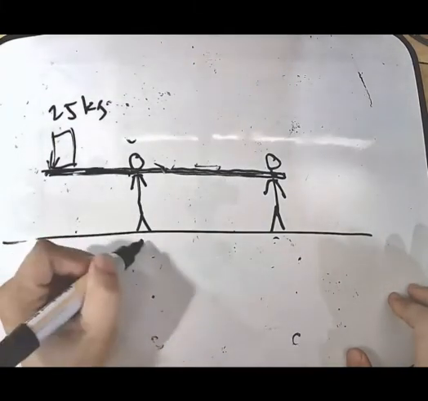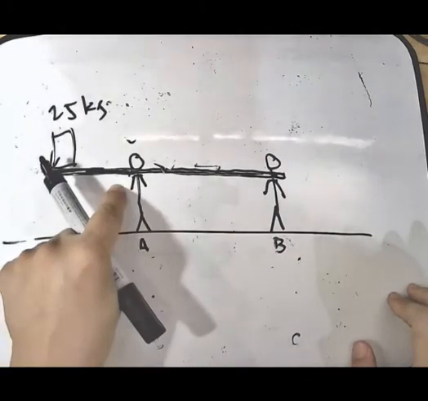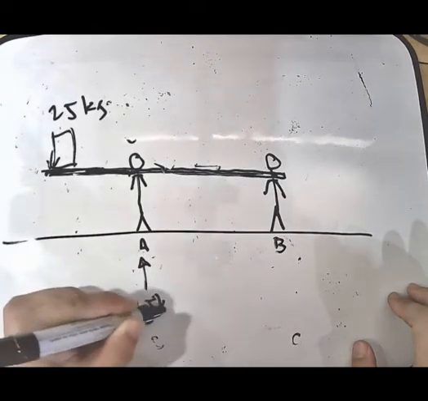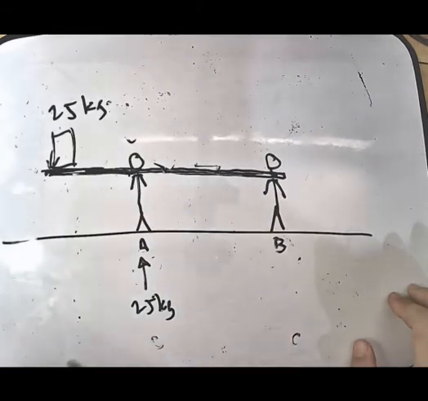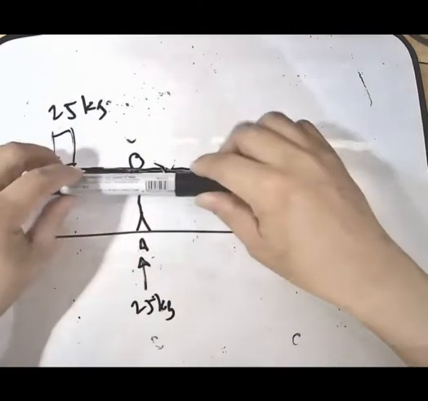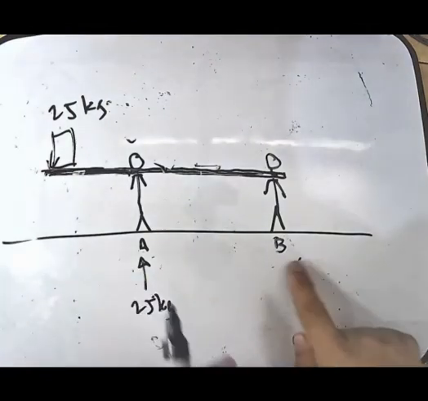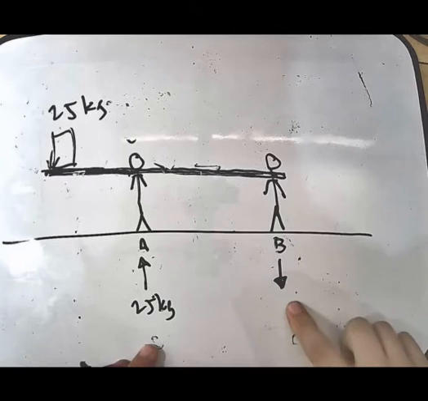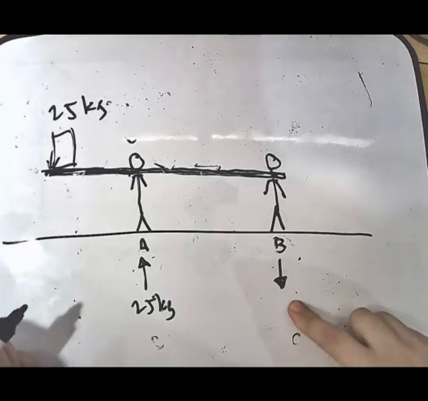Ano sa palagay nyo ang mangyayari kay A tsaka kay B? Baka itong si A, ang reaction niya would be 25 kilograms plus yung weight ng beam. What would happen to B? Baka hihilain niya yan, di ba? Kasi ang mangyayari, magaganyan. So, ang reaction ngayon ni B is probably downwards, but not 25 kilograms, maybe more or less.